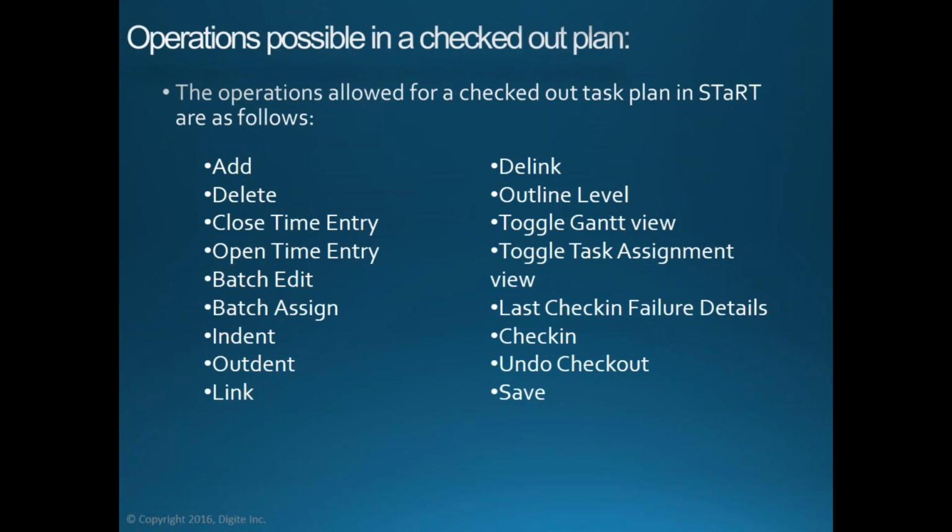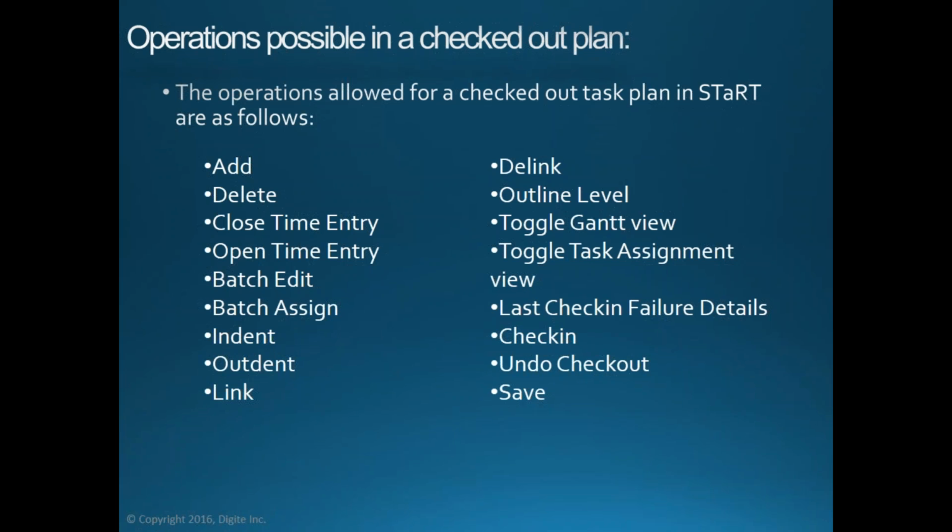You can batch edit a task, you can batch assign a task. You can assign one or many resources in one single shot to one or many tasks. You can do indenting and outdenting right there on the screen. You can establish links between the tasks. You can even do a relinking of the tasks.